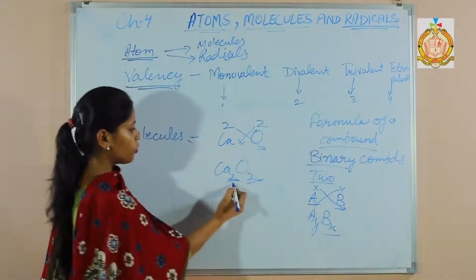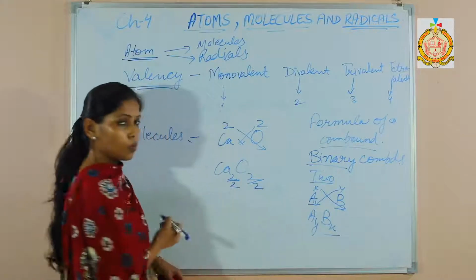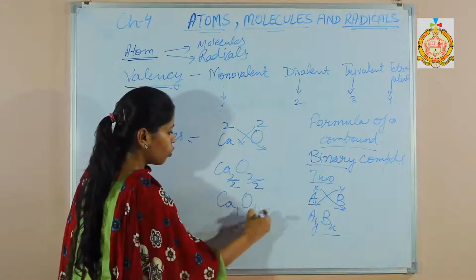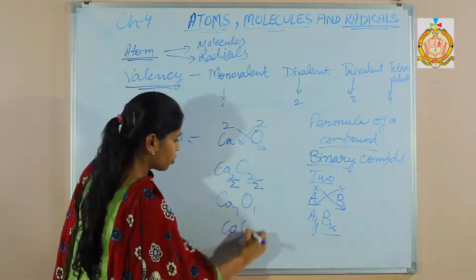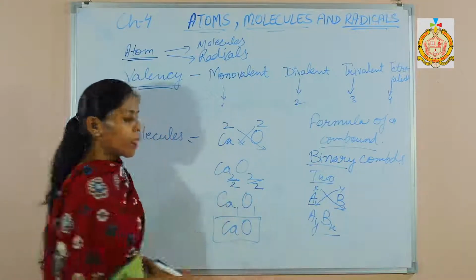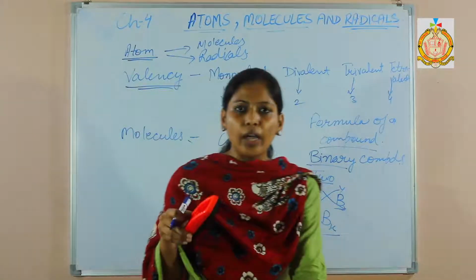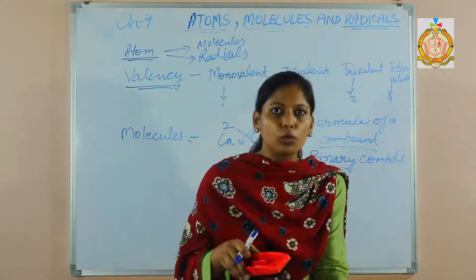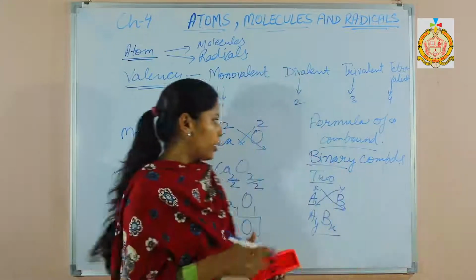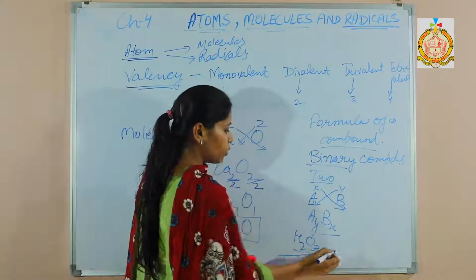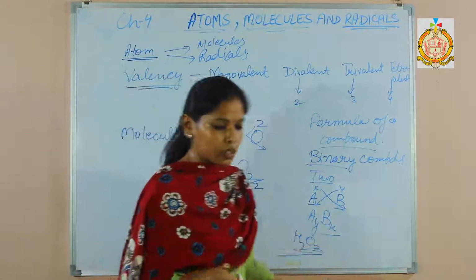The highest common factor is 2, we can divide, so it will become Ca1O1, and no need to write 1, it will become CaO, calcium oxide. This is all about the formula of a binary compound. Some exceptions are also there, like hydrogen peroxide. Hydrogen peroxide formula is H2O2. Don't divide this one because it is an exceptional case.